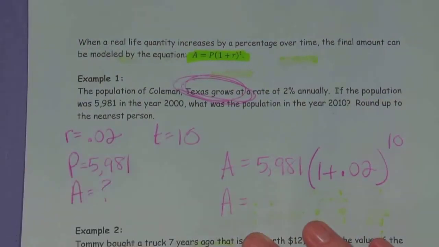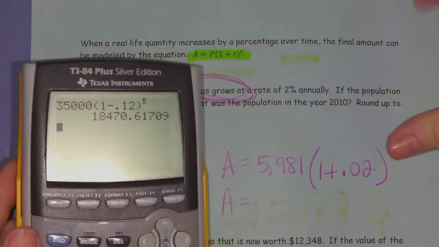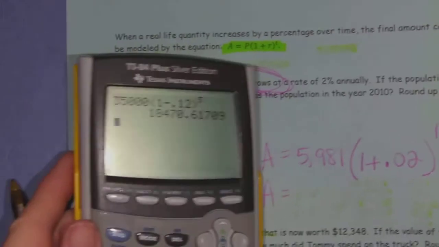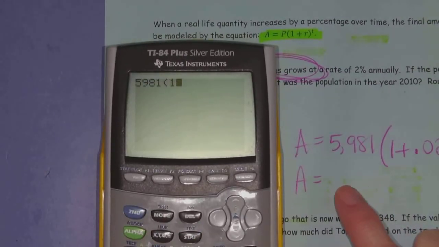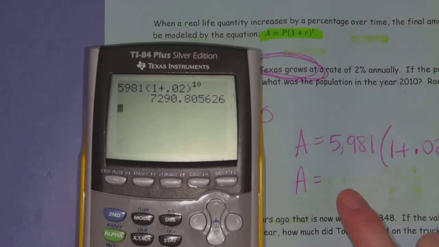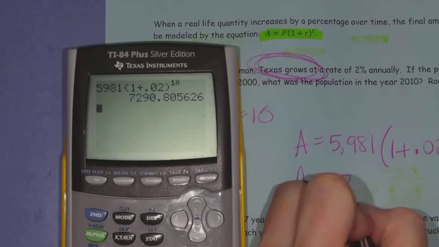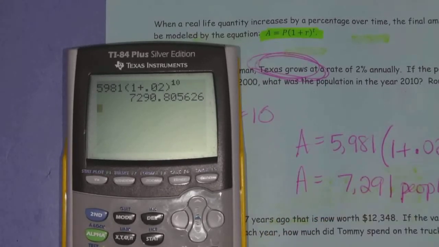If I put that in my calculator, I get 7,290, and it says round up to the nearest person. So I'm going to go with 7,291 as my population 10 years later.